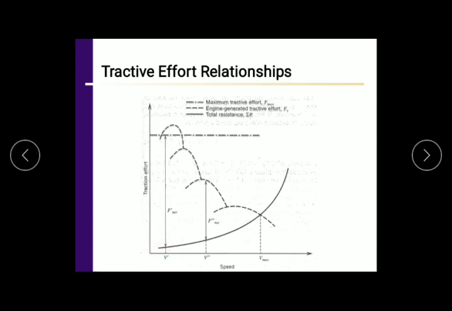Once you attain a certain speed, the effort required to move the vehicle will decrease. In this way, for higher speed you will get low tractive effort, and for lowest speed you will get higher tractive effort. So this is the curve for the total resistance offered to the vehicle.